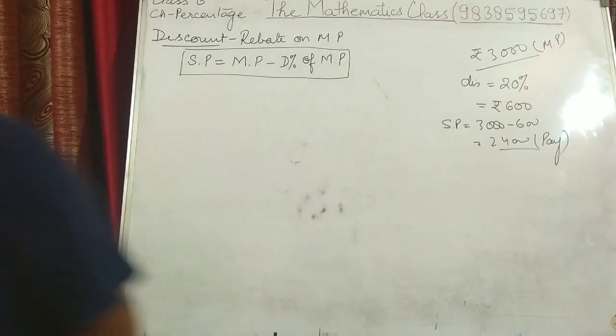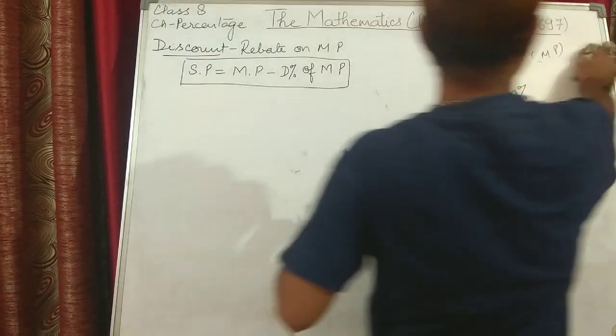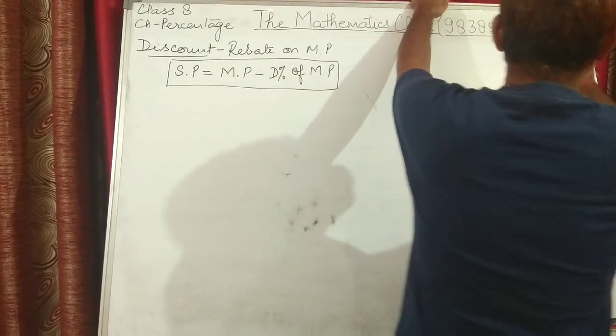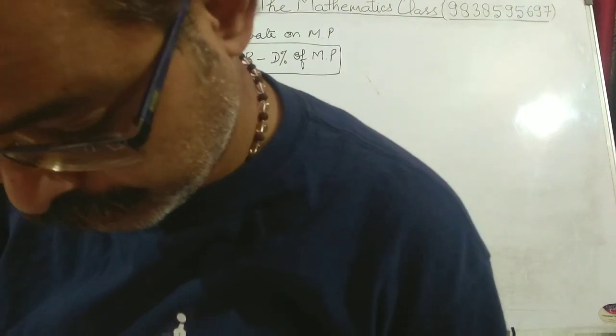Now we move on to the questions. There are, I think, 7 questions. We will be doing them in multiples of 2. We will start with question number 2. Let's see what is there.